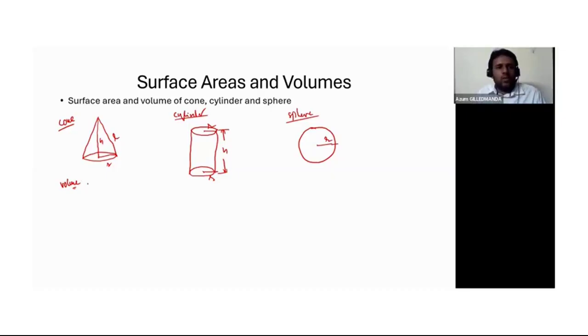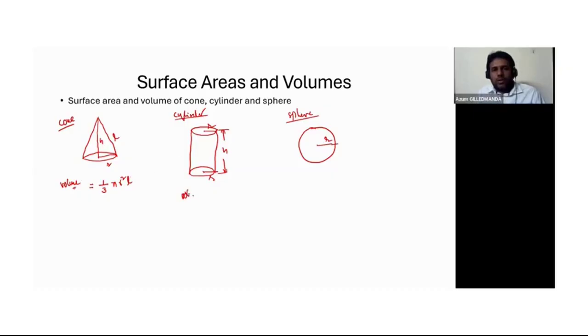So for a cone, the formula for the volume is 1 by 3 pi r square L. You understood? Basically it is related to the surface area, which is pi r L. The pi r square, is it L or H? Let me quickly verify. Okay. Yeah, I'll confirm that in a minute.